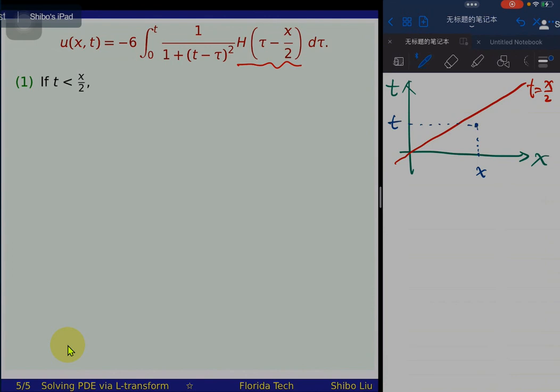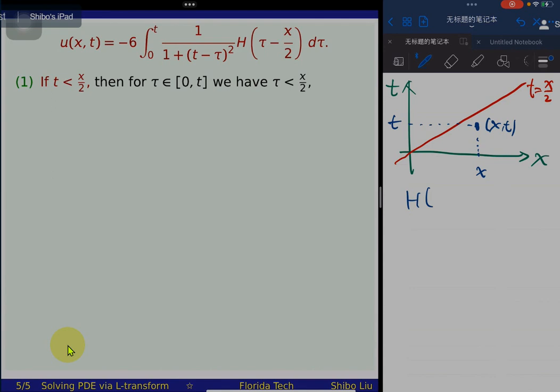When your point x, t is here, you see that for all tau between 0 and t, tau will not be greater than half of x. Therefore H of tau minus half of x is 0, because your point x, tau is here.